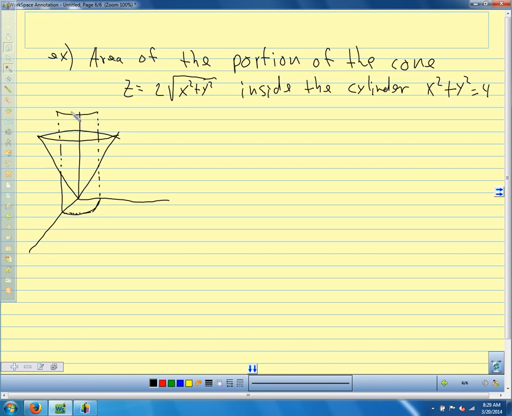So there's our cylinder, and it cuts off a portion of the cone here. So we want the surface area of the cone that's inside the cylinder. So this little portion of the cone down here. So we're looking at this part of the cone.